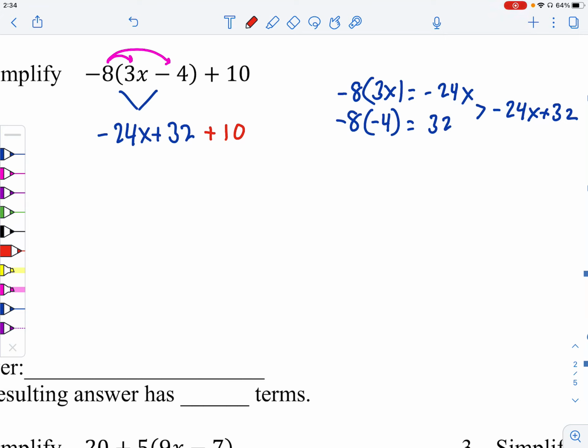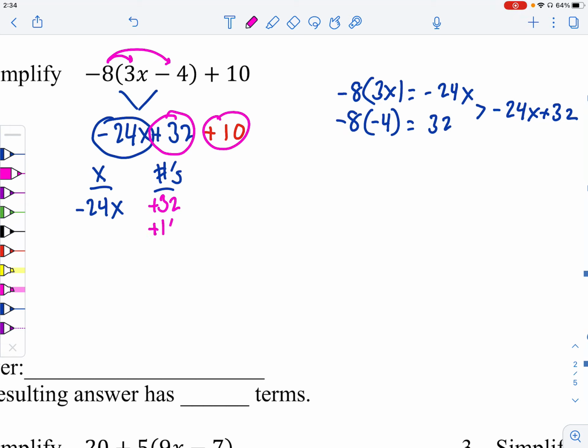Oh, we have x's. We could do columns. Let's just do a column. X's, numbers. We don't really need to, but we can. So negative 24x is first. That's the only x's we have. We have two different numbers, positive 32 and positive 10. And all we do is add vertically, right?